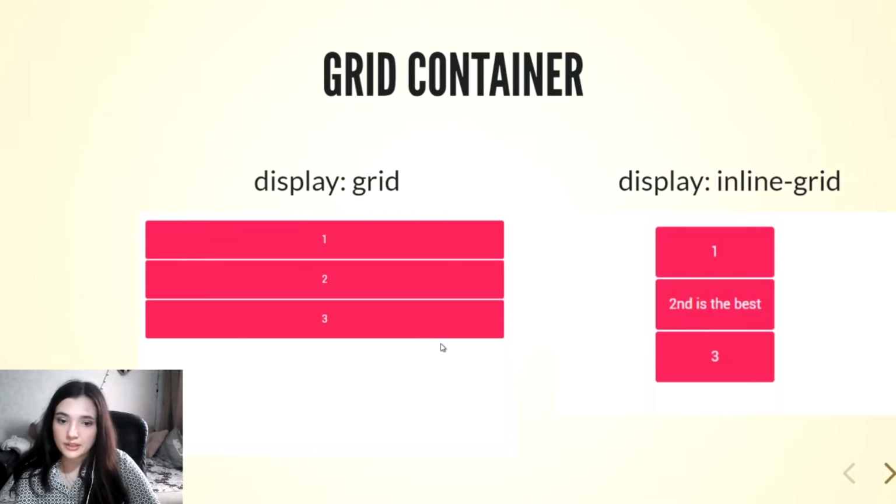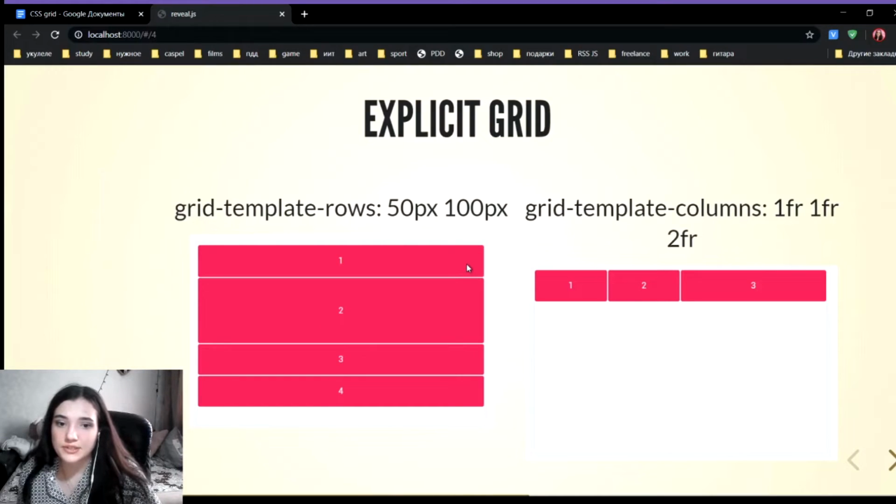A grid container is created by setting the display property to a value of display grid or display inline grid. Explicitly set a grid by creating columns and rows with the grid-template-columns and grid-template-rows properties. Here we can see two examples. In our first example, we set the property grid-template-rows for the first row and for the second row.